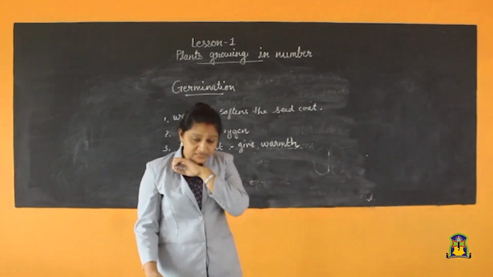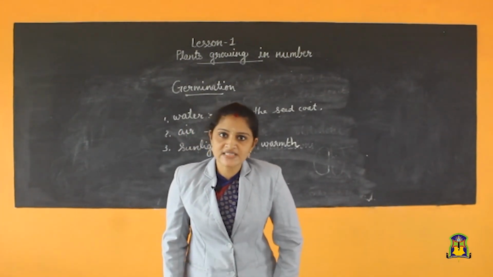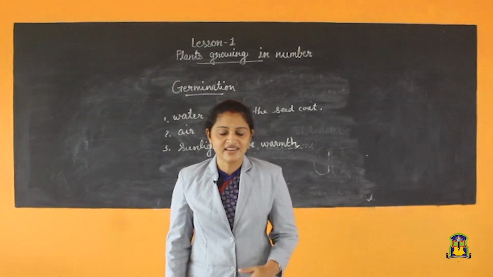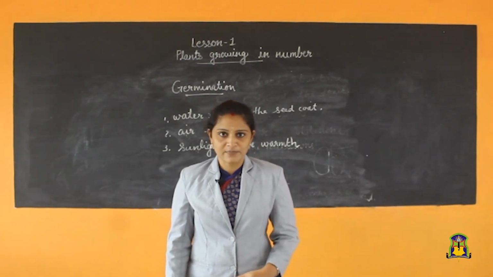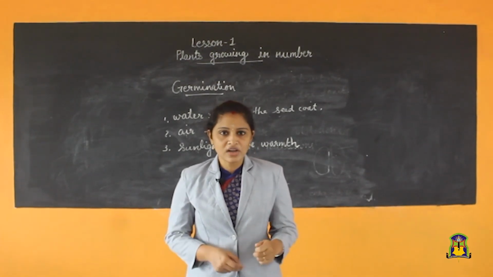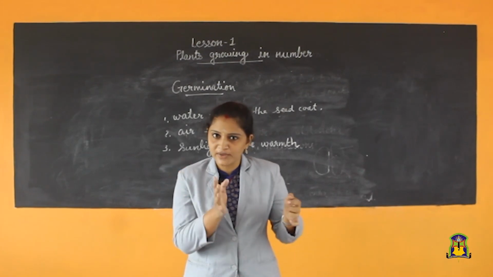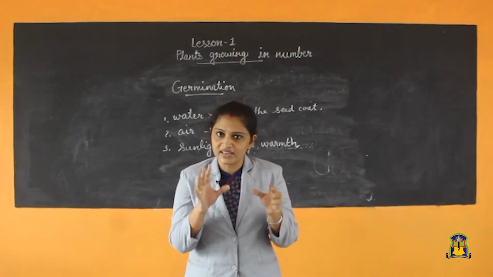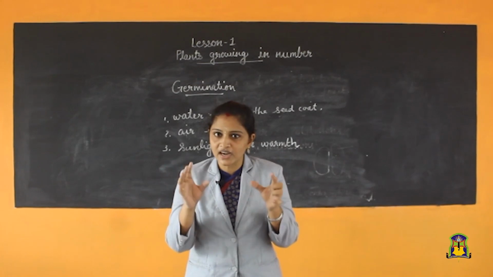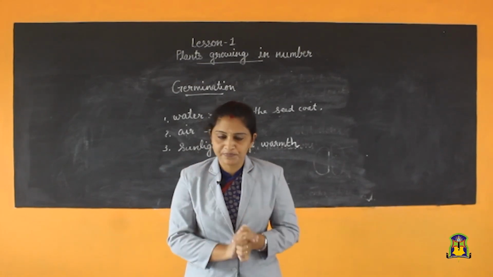Okay. Then this germination of seed is a very interesting topic. I will tell you, actually it's like a story. Germination is very easy to study, if you just understand it like a story.